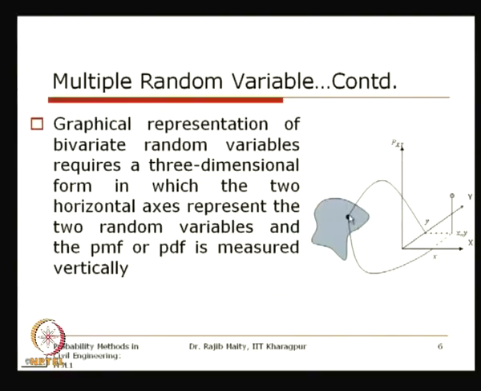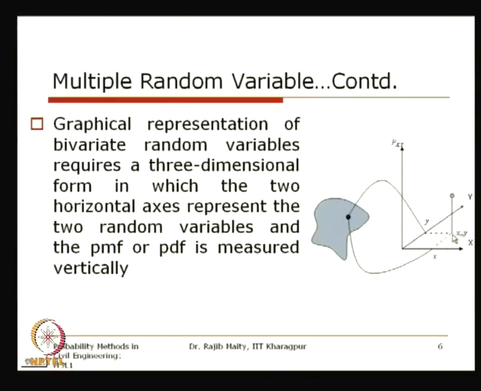Each outcome is taken by the random variable y, which is a function, to a point over the range of y. Similarly, the same outcome also refers to another point over the random variable x. For this bivariate case there are only two values, x and y, and this x and y refers to a point over this xy plane.